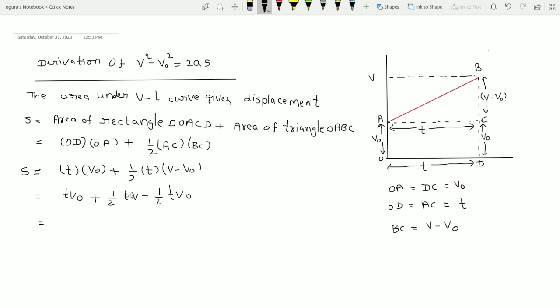In this expression, we have two TV naught terms, that is TV naught minus half into TV naught. Let us write these two terms together. First, I will write half into TV, and let us write the TV naught terms together, that is plus TV naught minus half into TV naught.